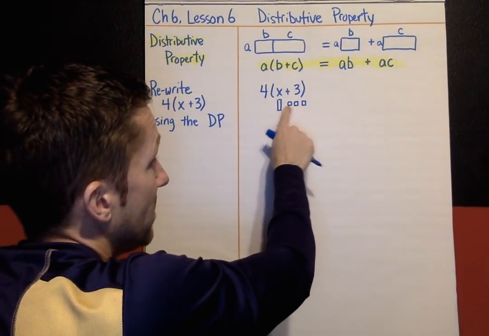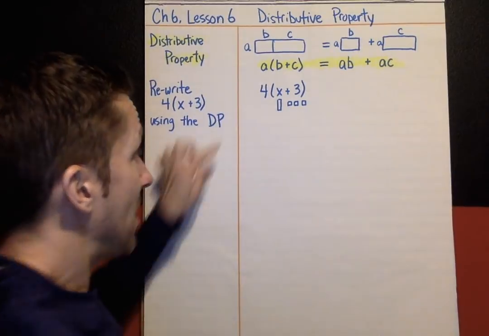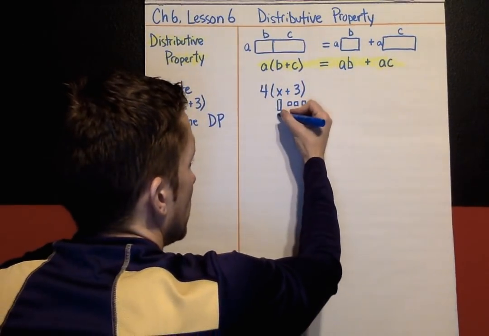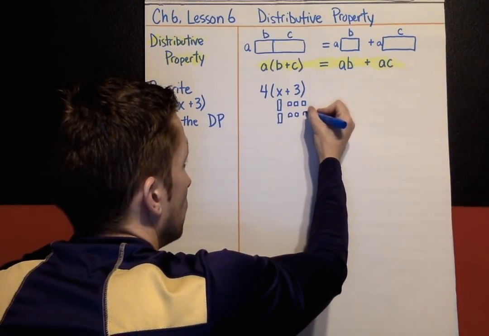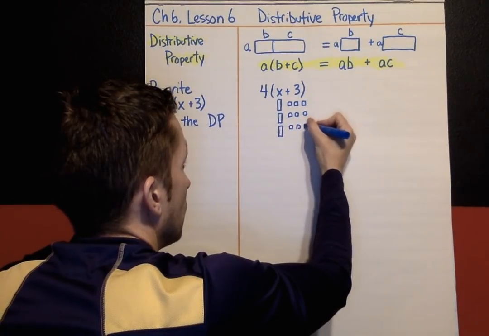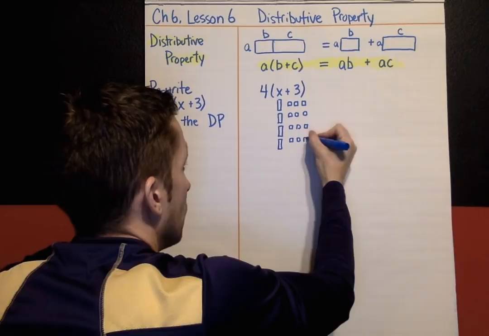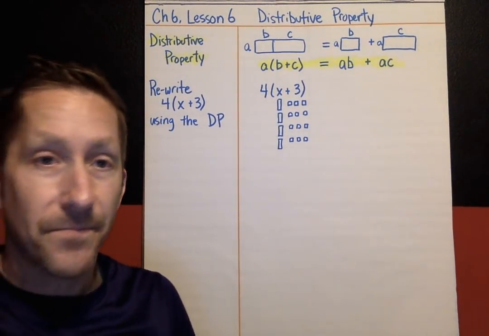There's a fry and 3 nuggets. X plus 3. Well, I've got 4 of those, 4 times this thing. So my model would look like that. 4 times x plus 3.